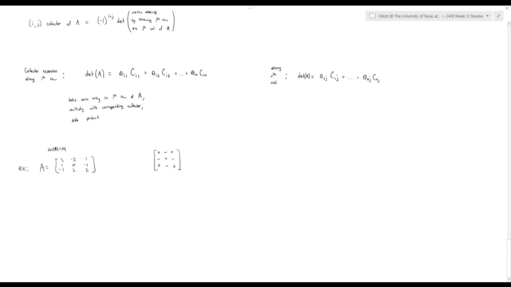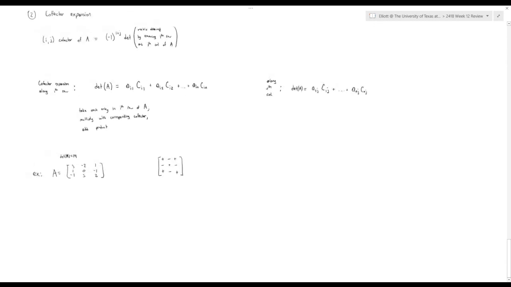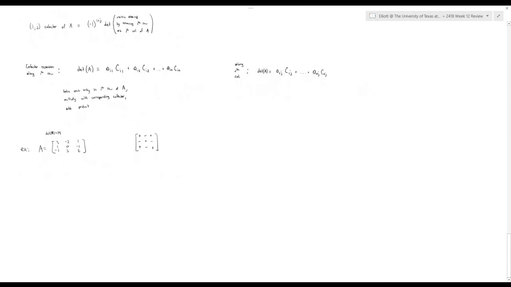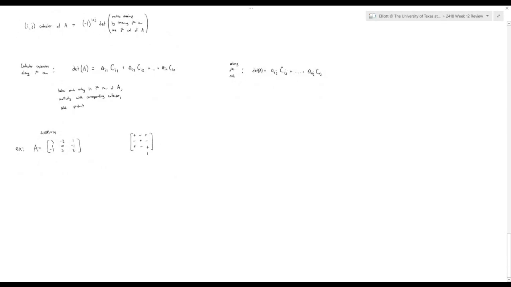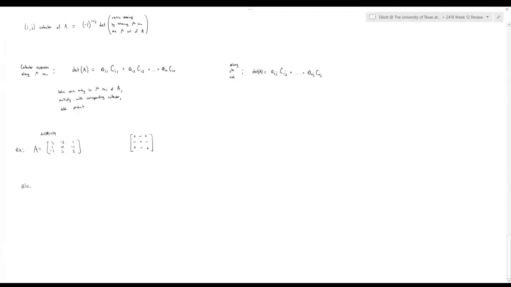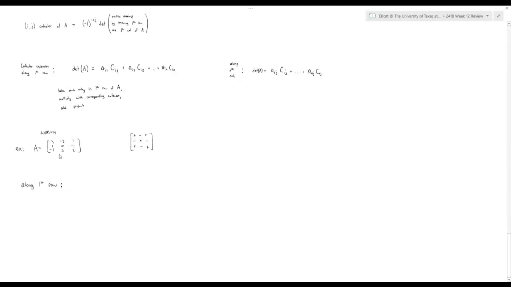So let's see how that works in this example. We can do cofactor expansion along any row or any column. So I'll do at least one row and at least one column to see how it works, okay? I'll start by doing cofactor expansion along the first row of this matrix.